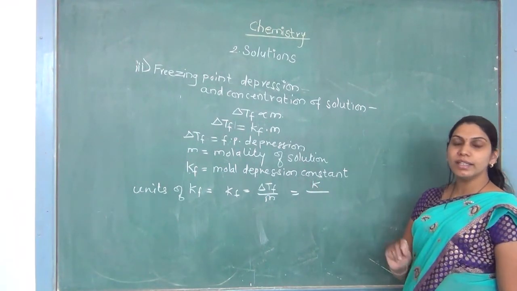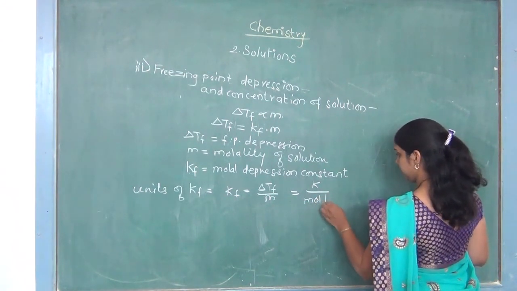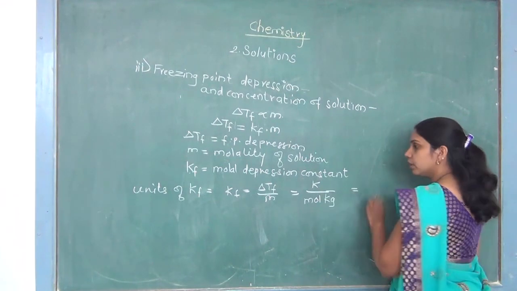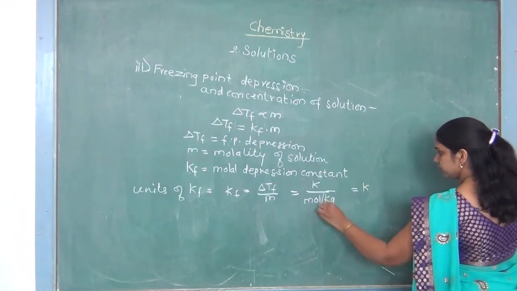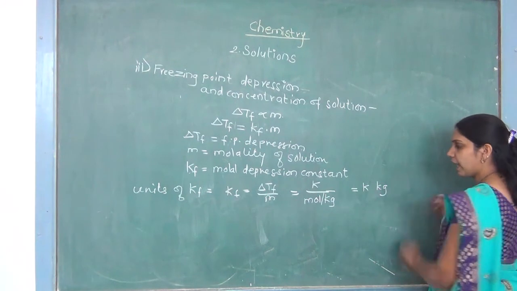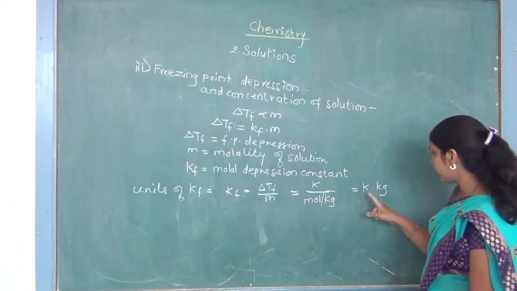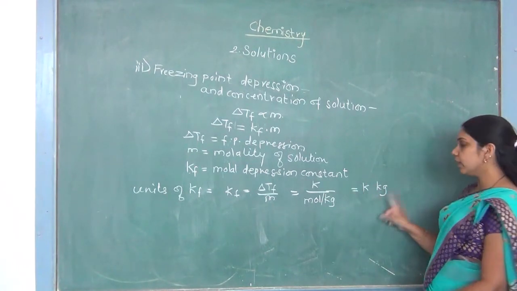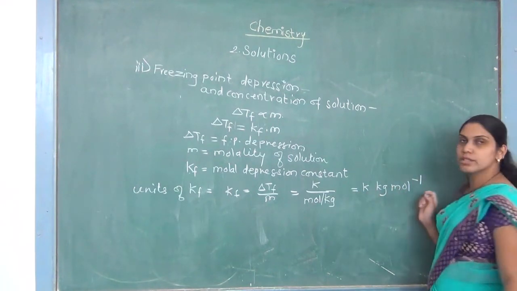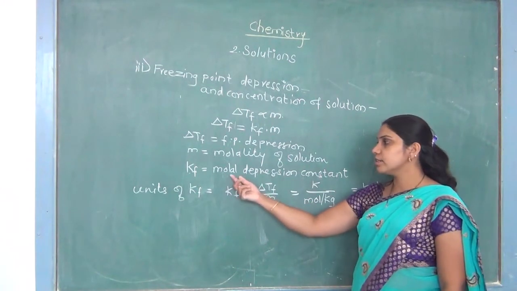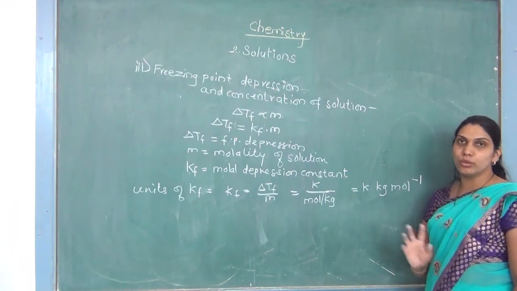Small m is molality, which is given in the units of mole per kg. So the unit of Kf can be given as Kelvin upon mole per kilogram. This kilogram, which is in the denominator of the denominator, will go into the numerator. So what we get is Kelvin kilogram, and this mole, which is in the denominator, can be written as mole inverse. So the unit of Kf, that is the unit of molar depression constant, is Kelvin kilogram mole inverse.